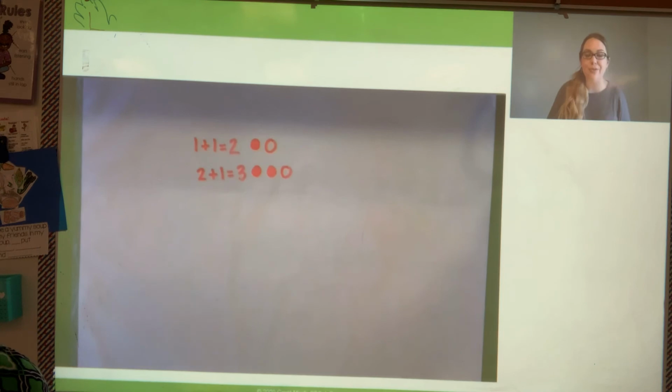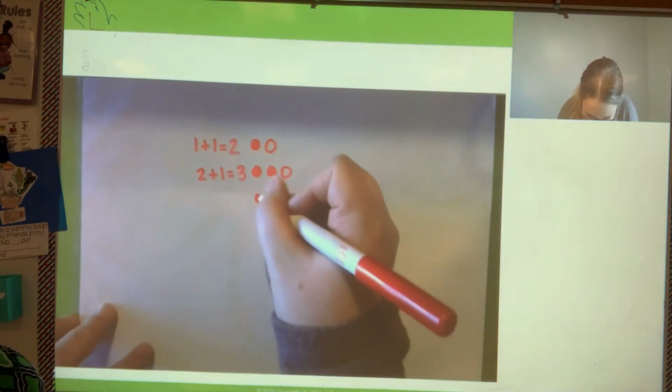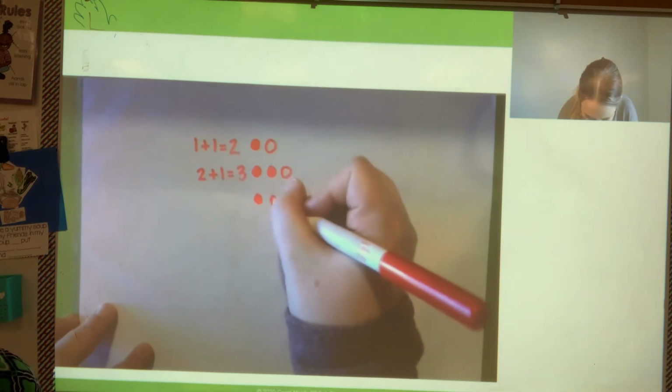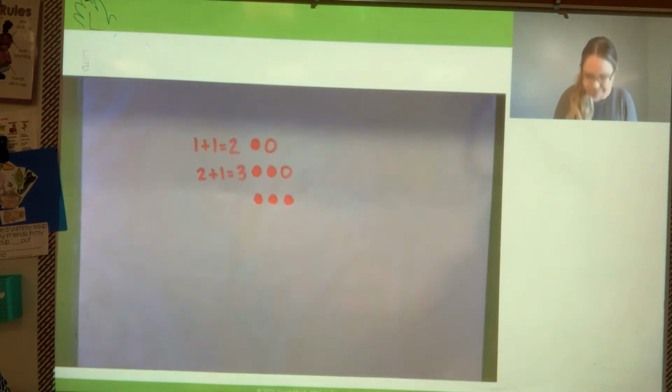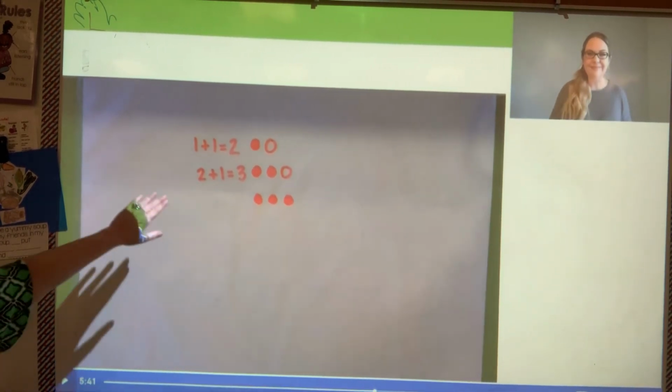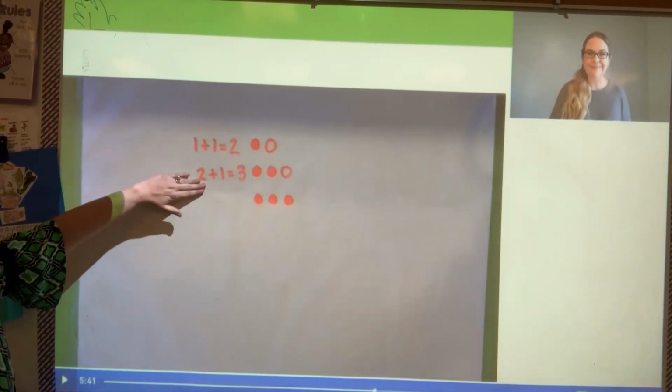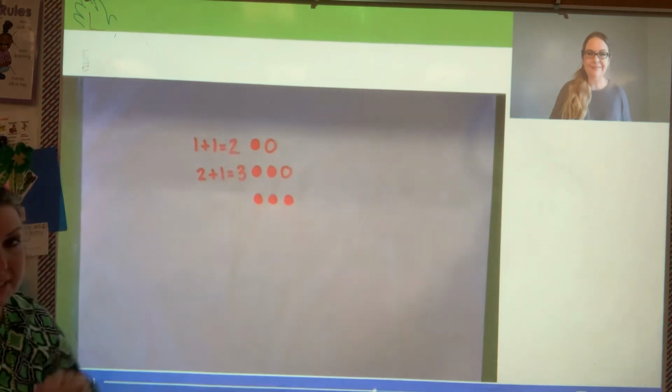Now draw 3 the 5 group way. So, you've got your number sentences that look like this, and 3 filled in dots.